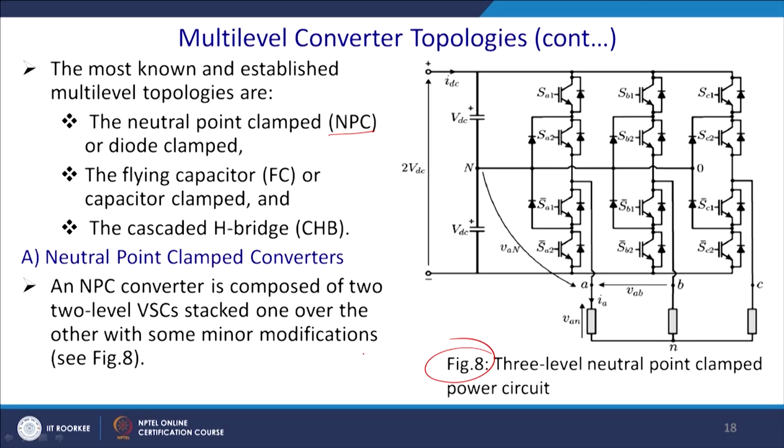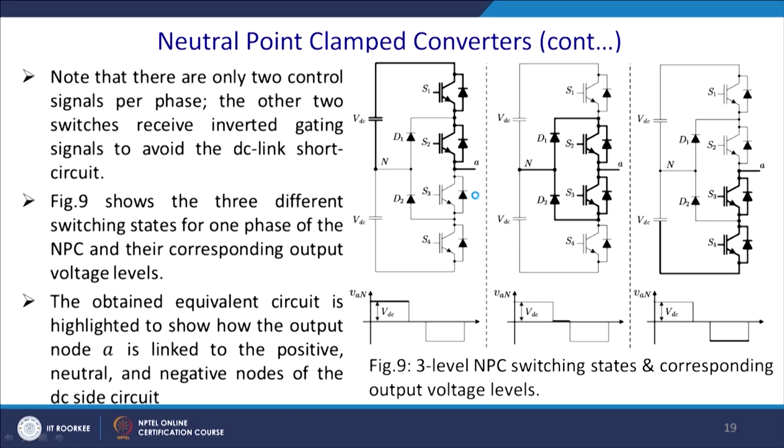We can see that this is the 3 level neutral point clamped circuit. So, this is the conducting diode. One of the disadvantages of this topology is that the number of diodes is highly increased when the level increases beyond 4. So, these are the neutral point clamp converters.